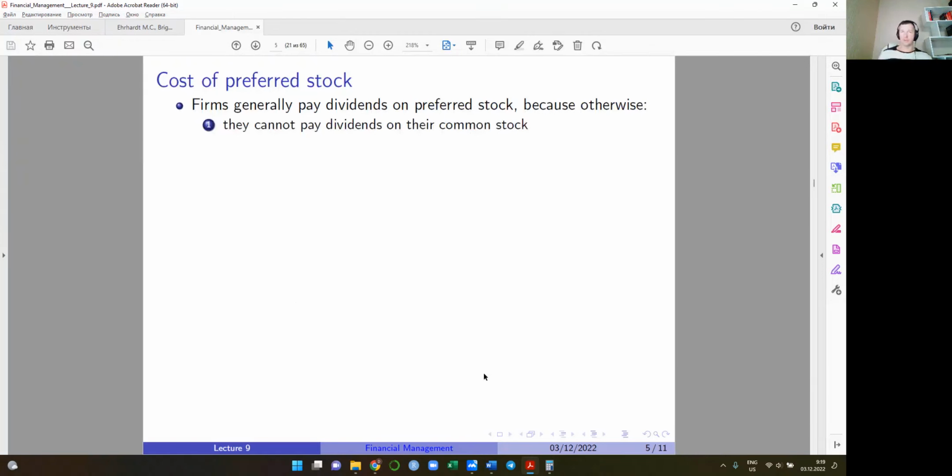So that's why. If a firm does not pay dividends on preferred stock, a firm may face some difficulties in the future to raise additional capital. If the firm needs more money in the future, nobody would trust them. They would say, well, you failed to pay dividends on your preferred stock, we don't want to provide you money. Very simple.